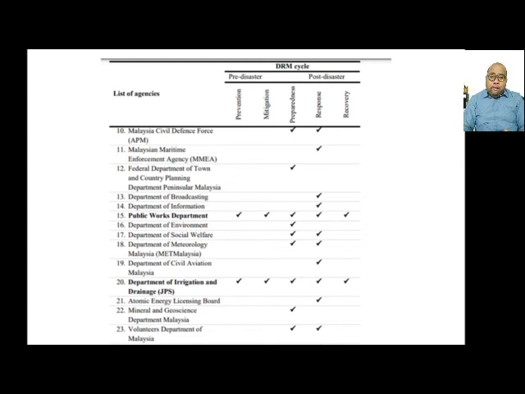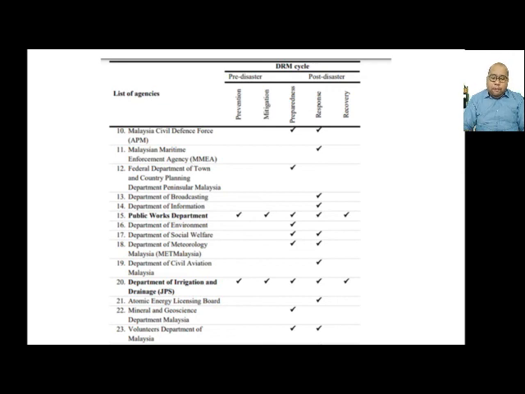And then JPS, Department of Irrigation and Drainage, contributes to all the DRM cycles. So that means they need to prepare during the pre-disaster. For example flood, before the flood occurs, kita kena dalamkan sungai, kena put some bund, ataupun kena buat reservoir, for example, to mitigate the floods.